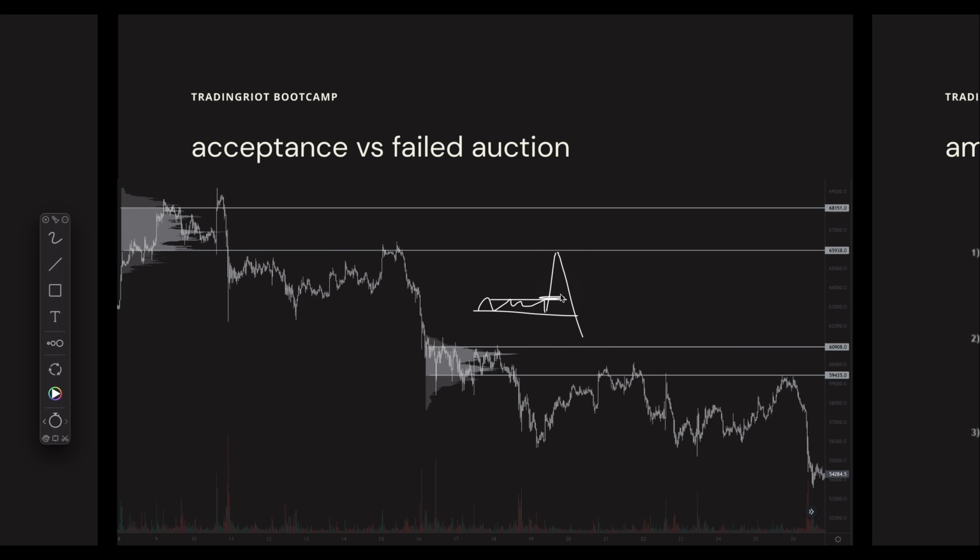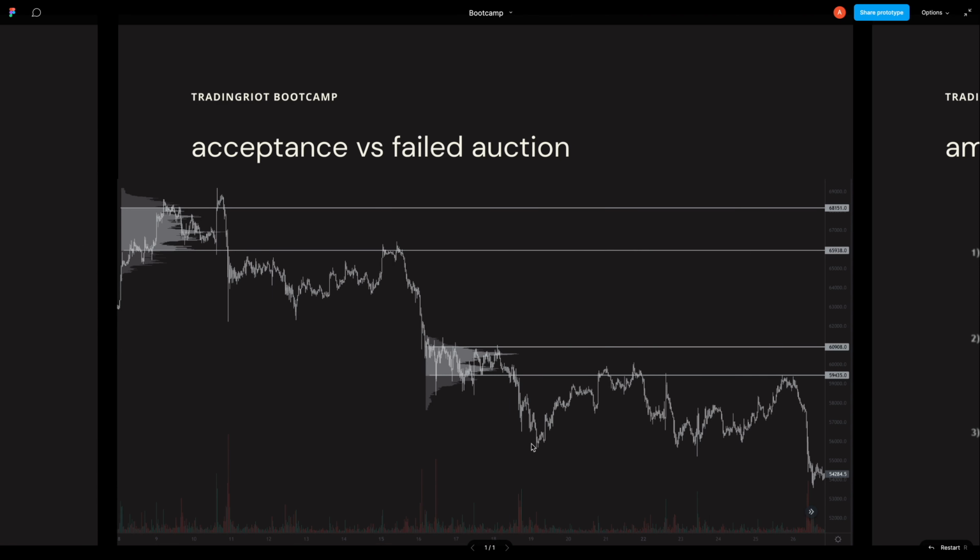You want to see the market breaking outside of the value and then gaining some sort of acceptance, to see that the buyers really want to hold this market above the cluster or the value, and only then can you stick your limit order here and play the continuation.